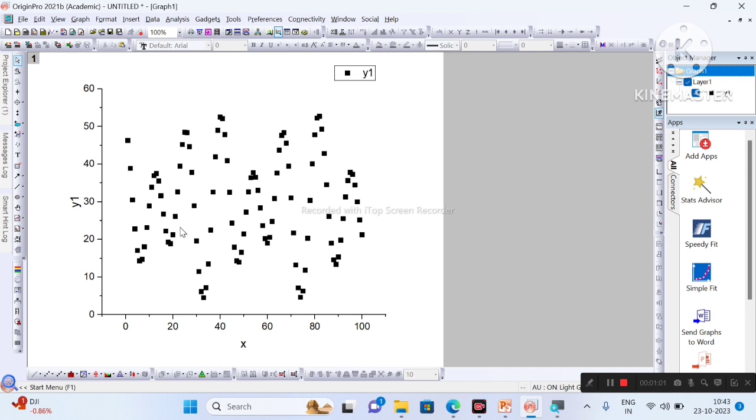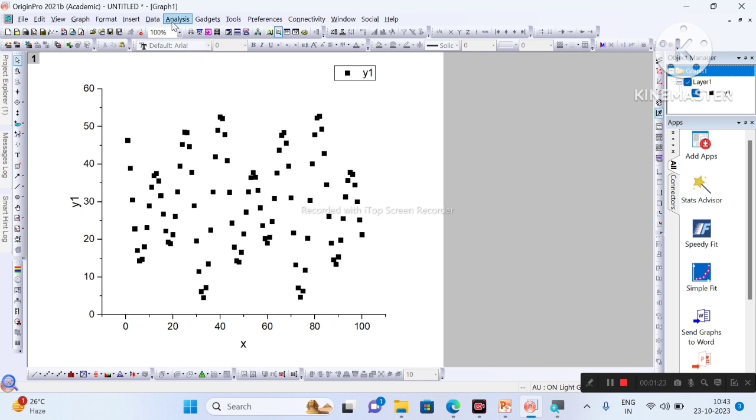Today we are fitting these data points with the help of Origin software. It's very simple. If you do it manually, it takes a long time to fit this curve, so we'll be doing it in one click.